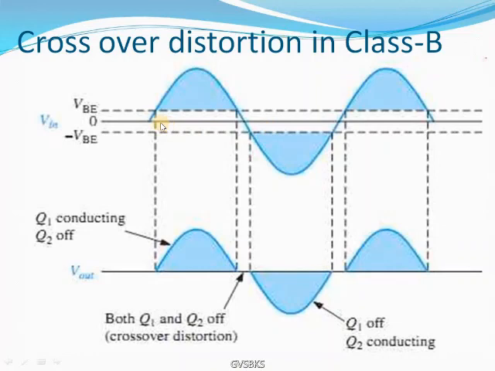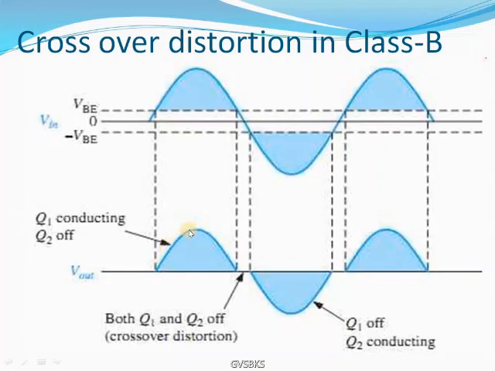Let us see this graph. From VBE to minus VBE, where VBE is for the NPN type of transistor and minus VBE for the PNP type of transistor, in this region the output voltage is 0. This is called the crossover distortion region or dead zone. In this region, Q1 and Q2, both transistors, will be in the off state.